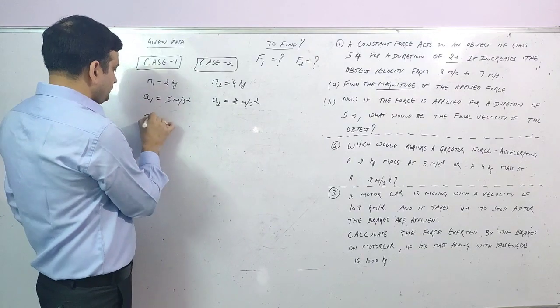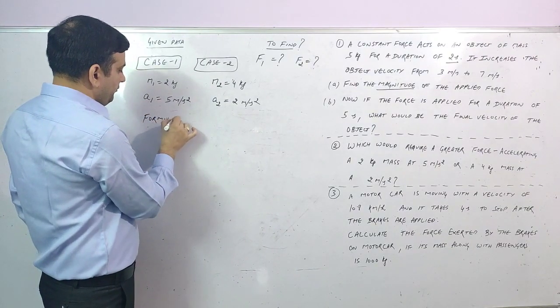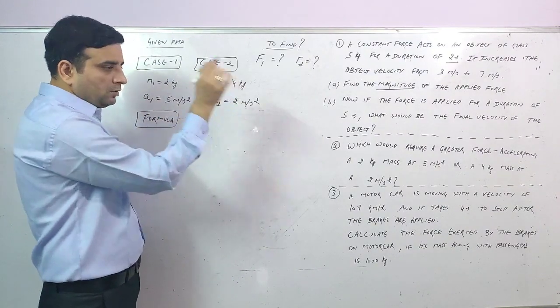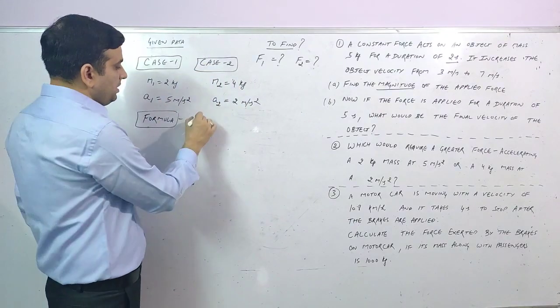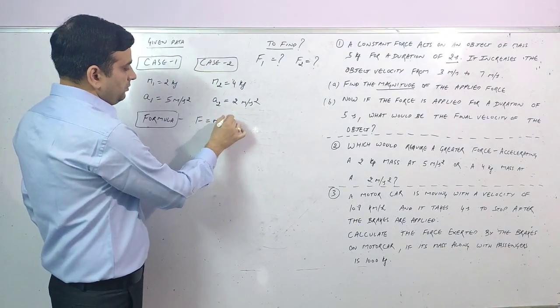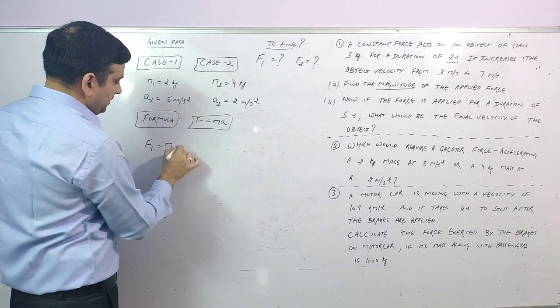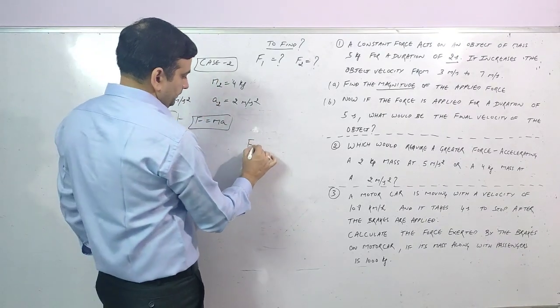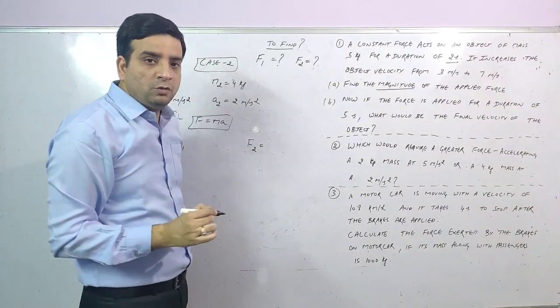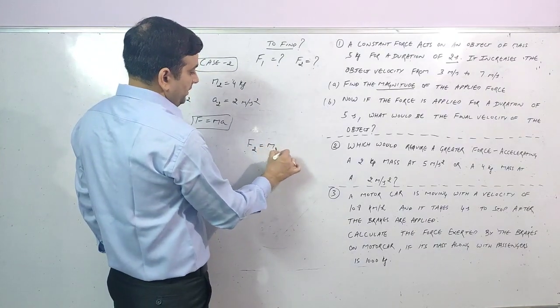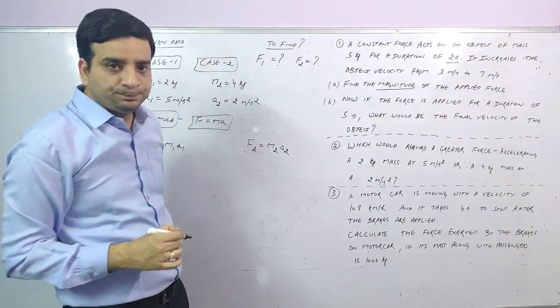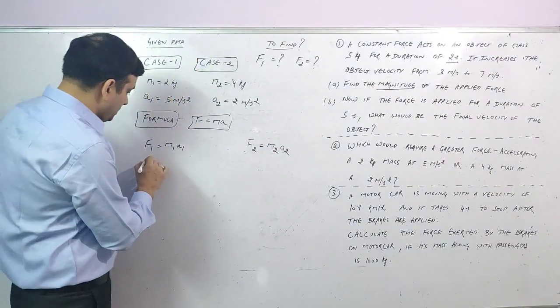Now we will follow the same pattern. We will write the formula which we are using according to Newton's second law of motion. F is equal to ma. Now for the first case, F1 is equal to m1 a1, and F2 is equal to m2 a2. So now we'll put the values.